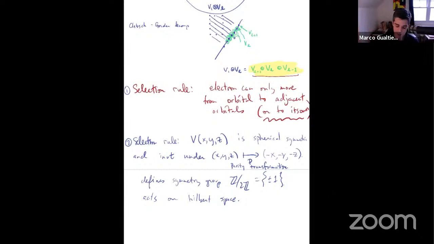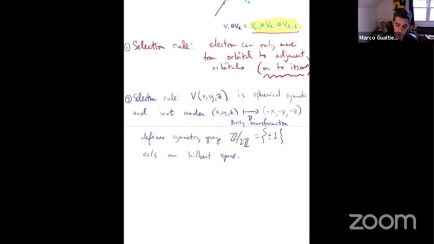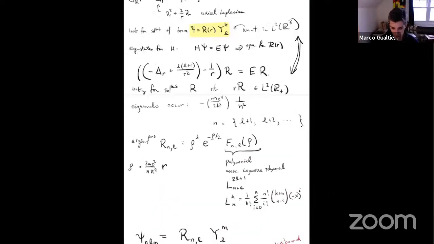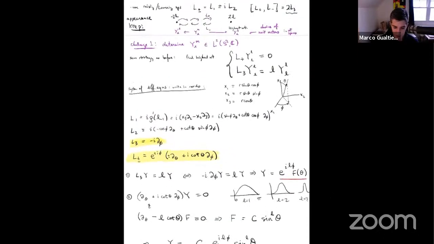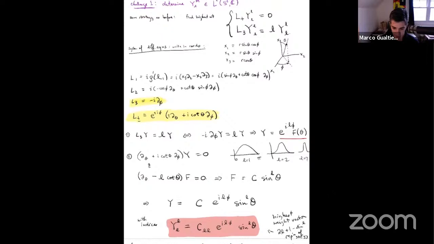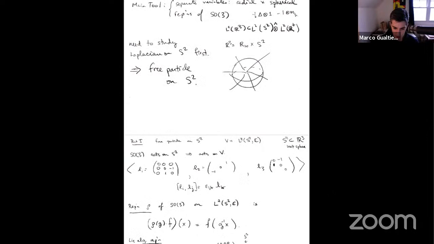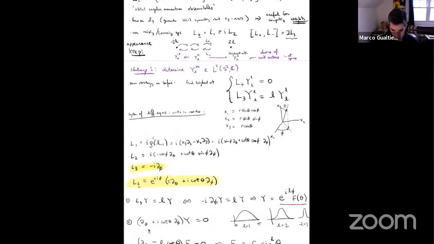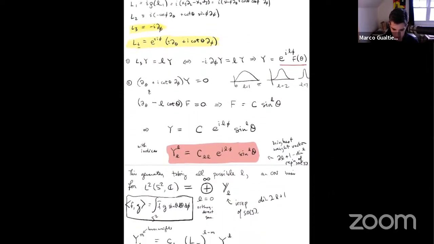They correspond to these spherical harmonics.